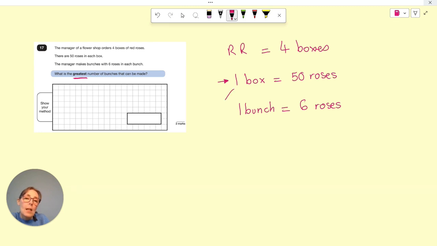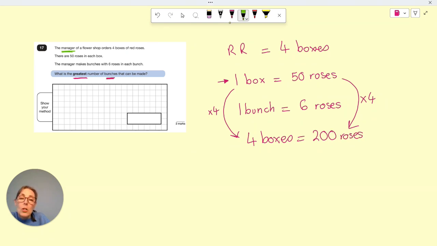So that means that 4 boxes, so 1 times 4 is 4, so 50 times 4, well 2 50s are 100, so 4 50s must be 200 roses. But the manager says that one bunch is 6 roses.